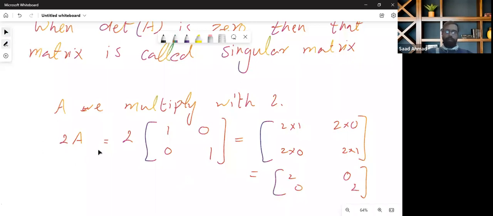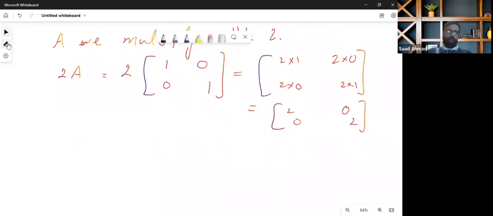And let's say we want to find the determinant of 2A. The rule is that it equals 2 times the determinant of A. Let me just show you.